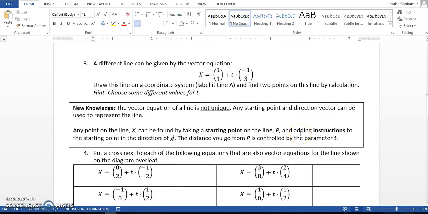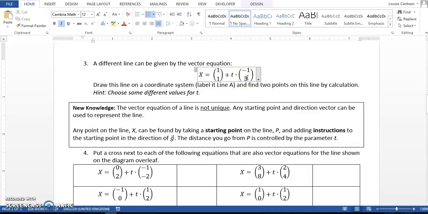to cement this knowledge. And as I've mentioned, this vector equation is not unique. Any starting point, so any point that you can see on the line, and any direction vector can be used. So you'll find that you can have infinitely many vector equations of the same line, because there are infinitely many points on the line you could use. And any multiple of this vector works.